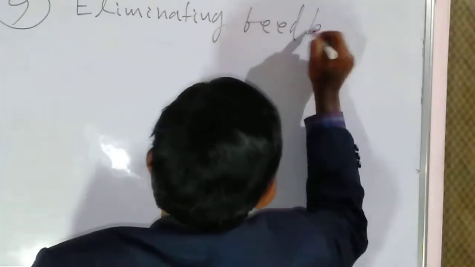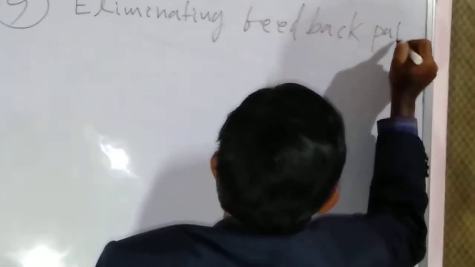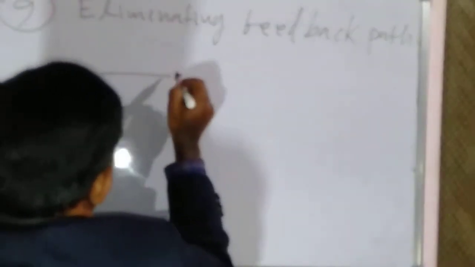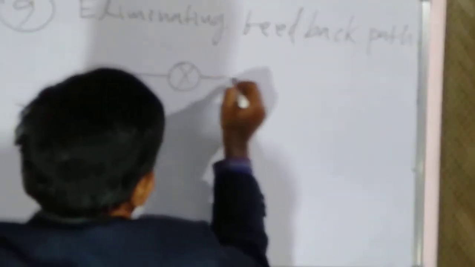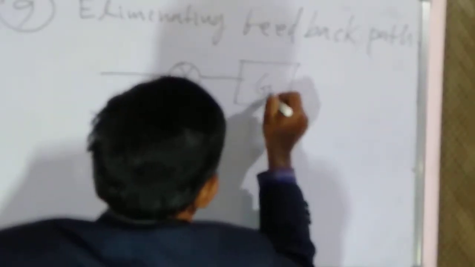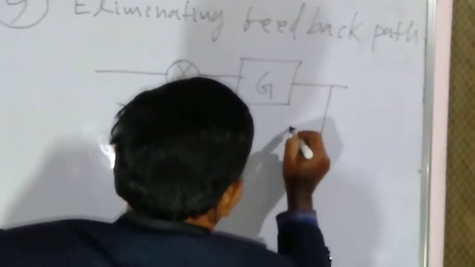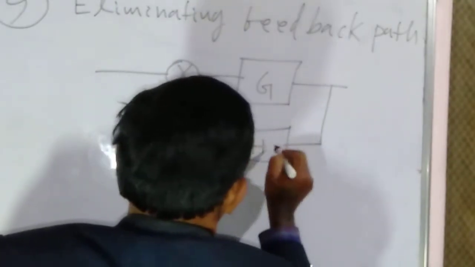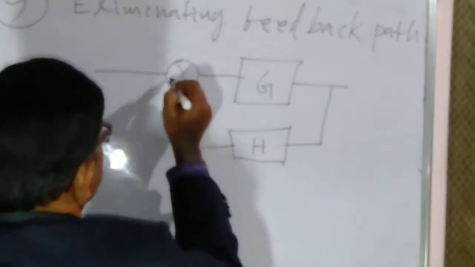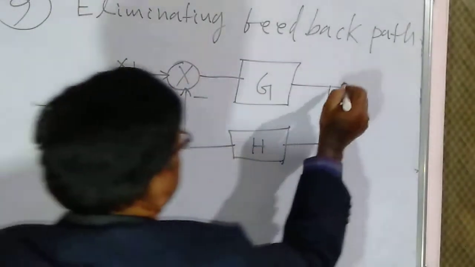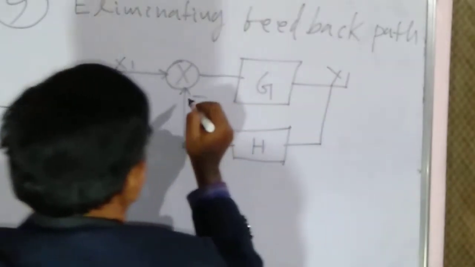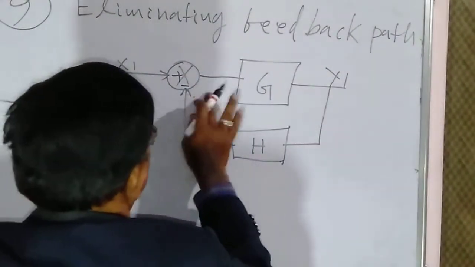Now rule number 9, that is eliminating a feedback path. So this is x1, y1, and this will be plus or minus.